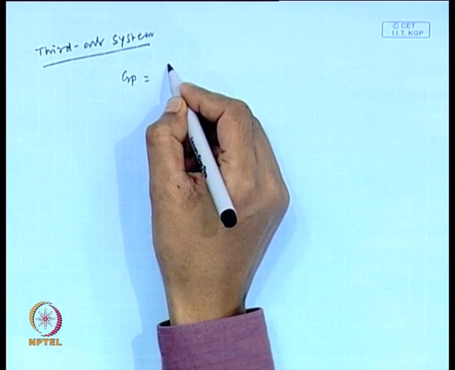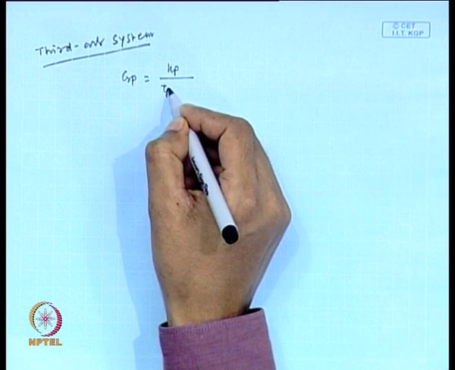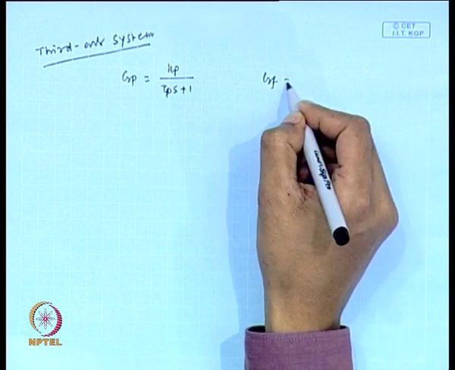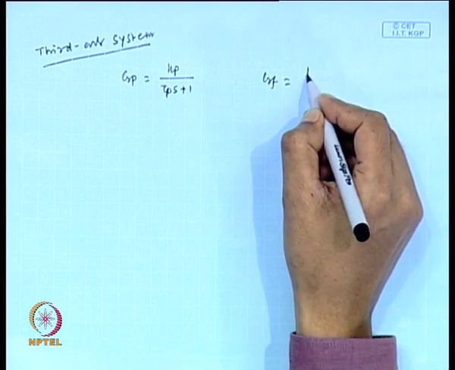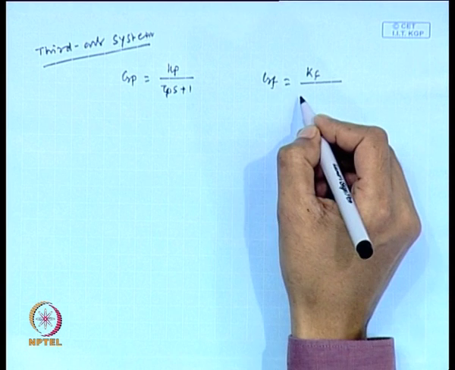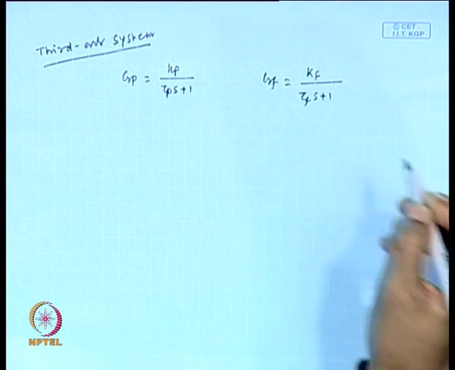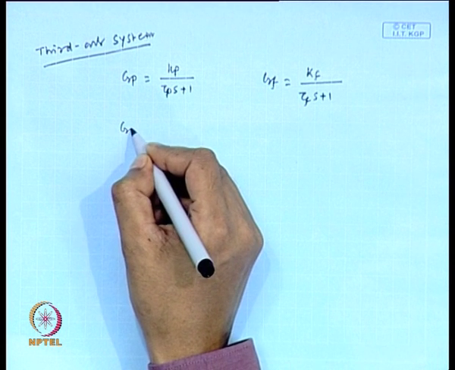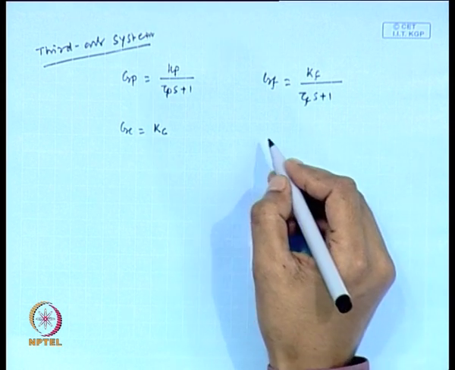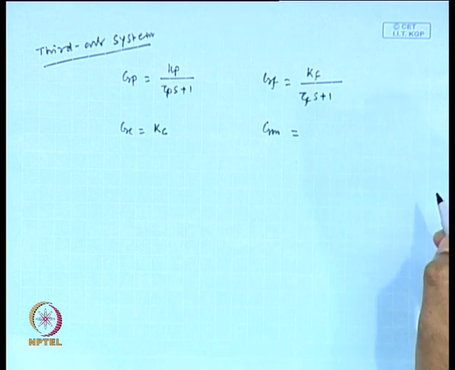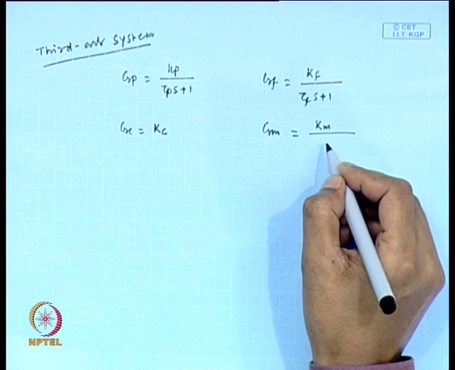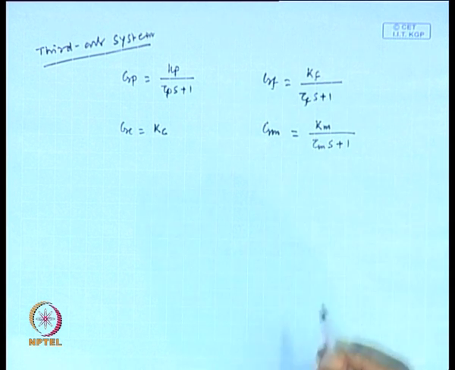Suppose the transfer function of the process is Kp divided by tau Ps plus 1. The transfer function for the final control element is considered as Kf divided by tau Fs plus 1. The controller is a P only controller, and the transfer function for the measuring device is considered as Km divided by tau Ms plus 1.